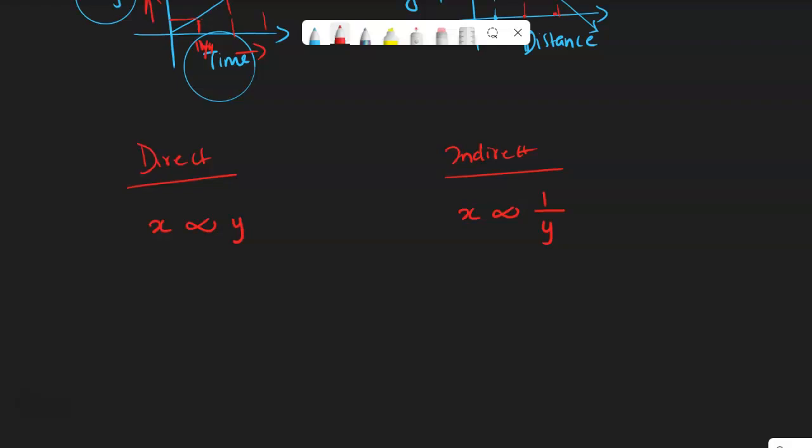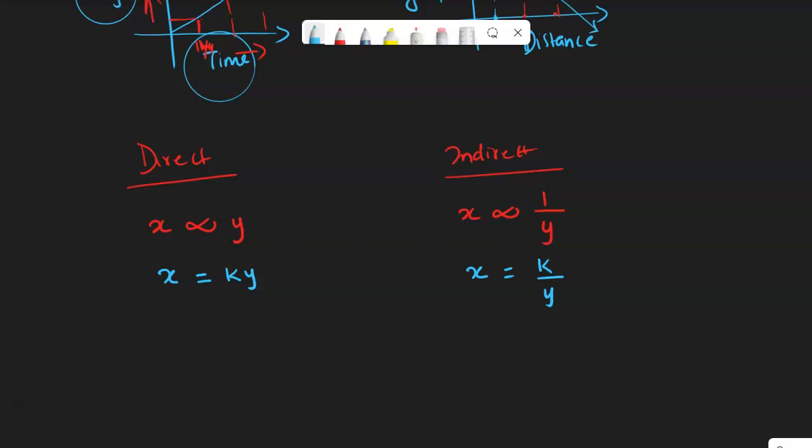Okay, but for the simplification part, it will be very difficult to handle the proportion sign, but we can convert this proportion sign into an equal sign by putting a constant there. So I can write x is equal to ky. Here x is equal to k by y.